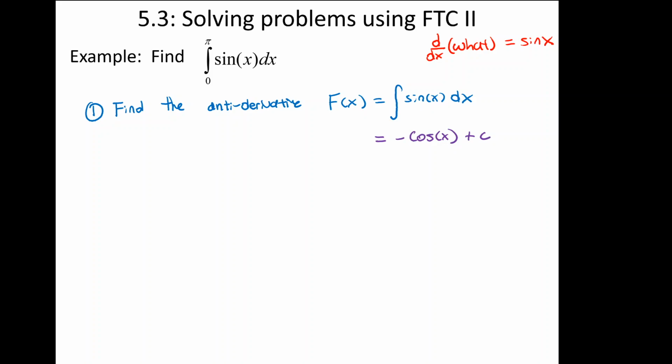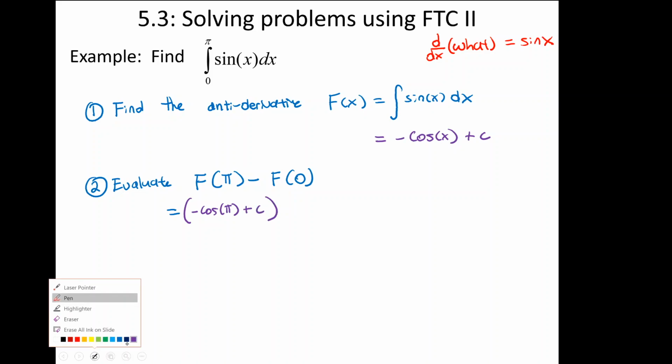Now step 2. Evaluate capital F at the top bound minus capital F at the bottom bound. Capital F of pi minus capital F of 0. So that's going to be, for the top bound, negative cos of pi plus c.